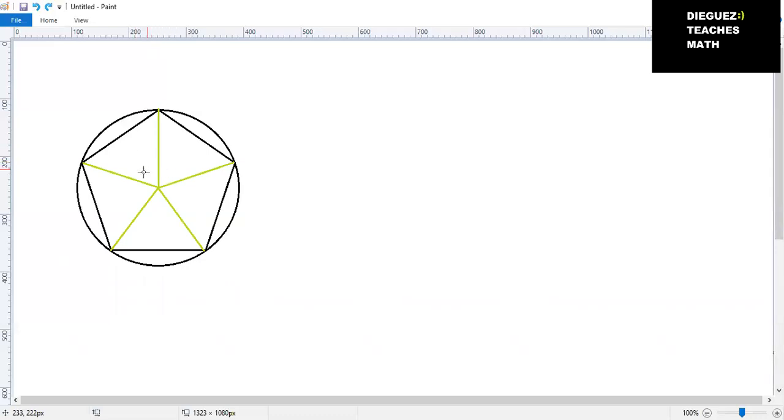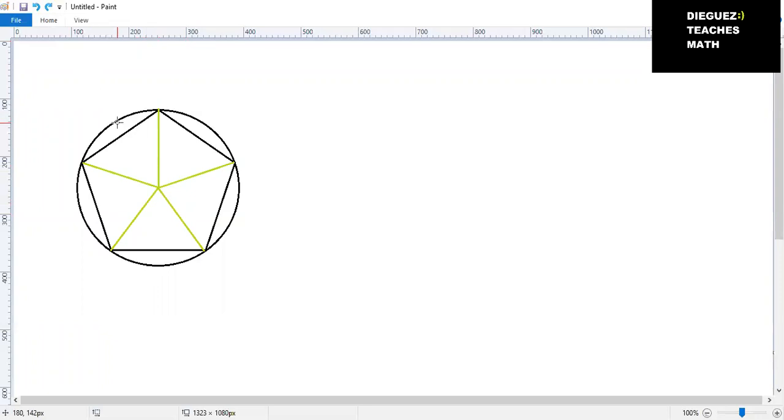I do know that if I go around in a circle, it measures 360 degrees, right? And I also know that here I am dividing that into 5 different triangles. So if I go all around, it's 360 and I have 5 triangles in there.